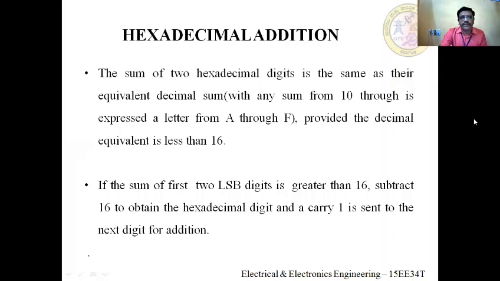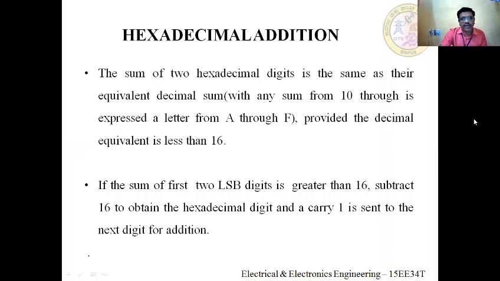The name indicates hexadecimal addition. By the name itself, it is understood that we are not doing addition in hexadecimal. Instead, we are performing the addition in decimal.